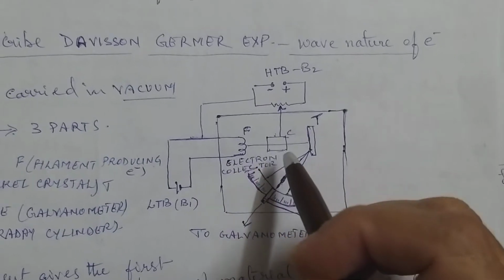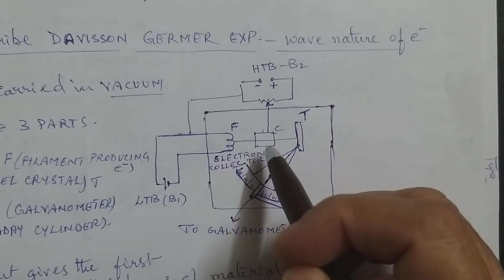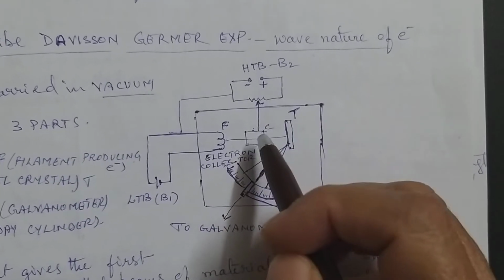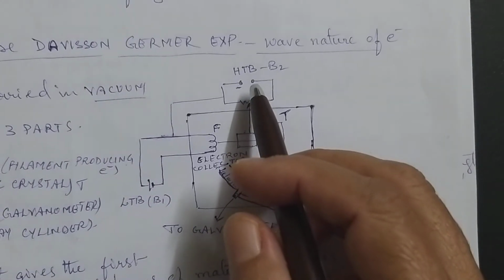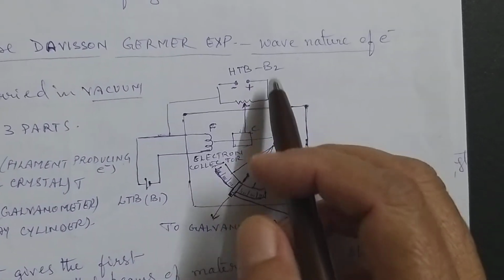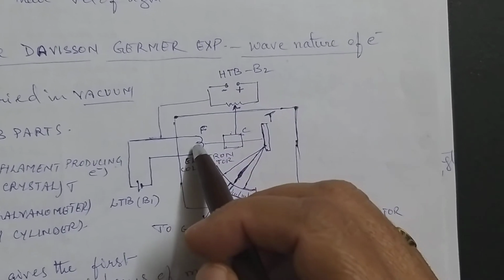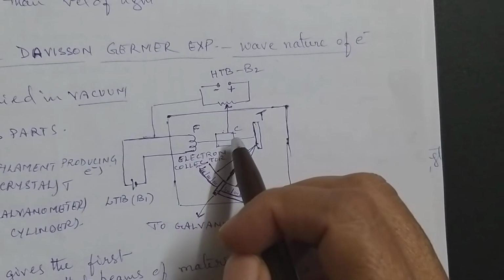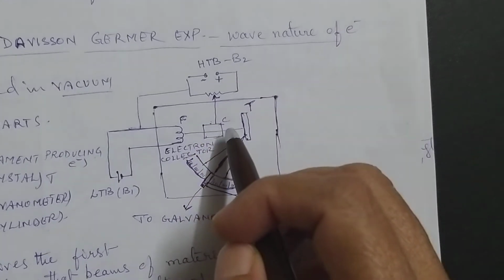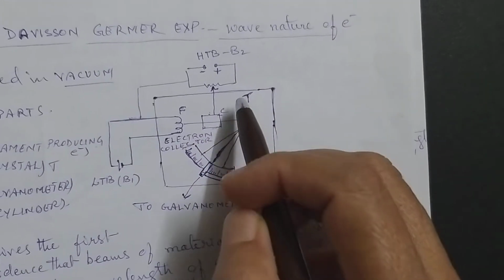And when it comes out of the atom, here there is an anode-like thing, a cylinder-like thing with a small hole, which is given a positive potential, high tension battery, thousands of volts. So this is positive compared to this. So the electrons will be attracted and they will be channelized and released in a straight line falling on a target.